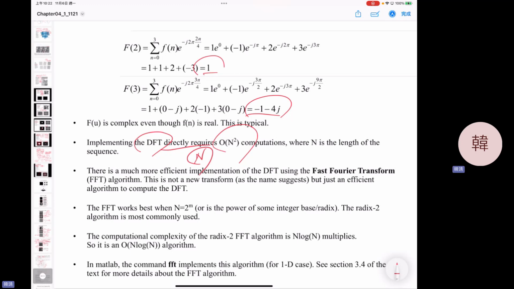You have to extend your image up to a power of 2, and then you can apply this algorithm, but they will do it for you. Just use FFT. They will extend it by padding zeros on your image up to a power of 2, so the dimension becomes a power of 2. Okay, so they can apply some very fast algorithm. There are many different approaches, and for this method they use radix-2 to perform the Fourier transform, because of some symmetric properties of the Fourier transform.